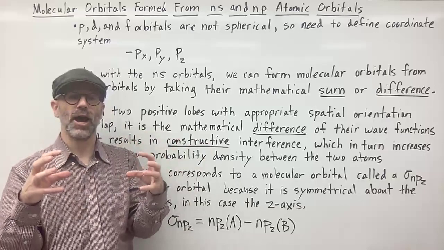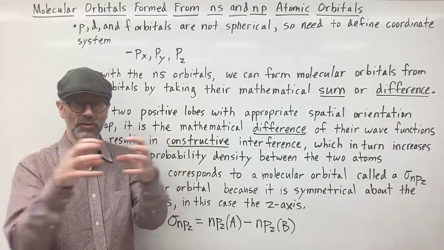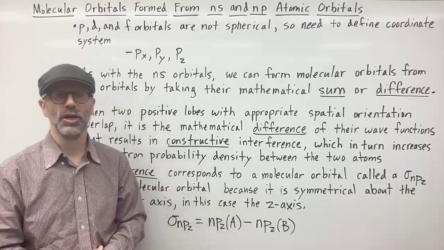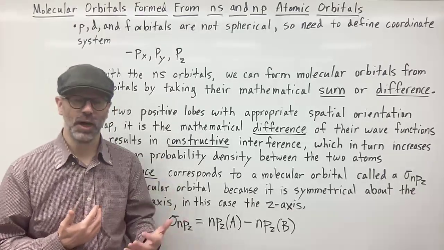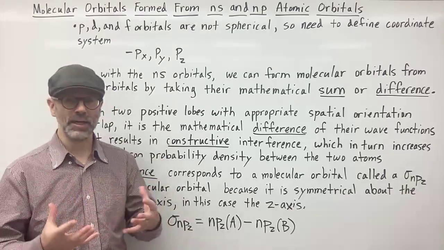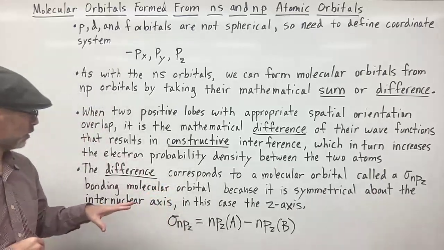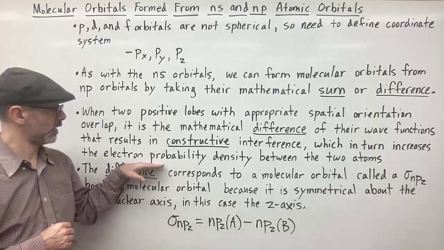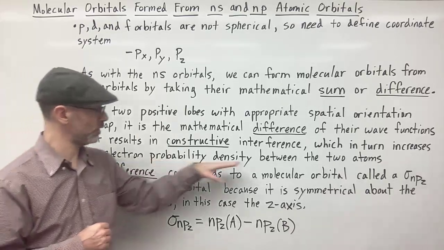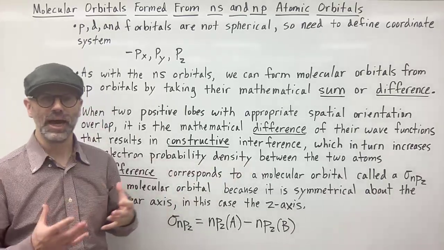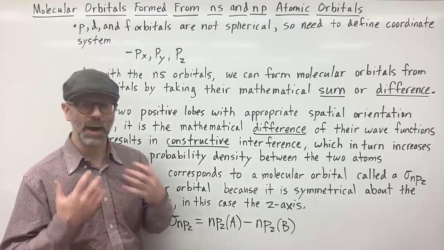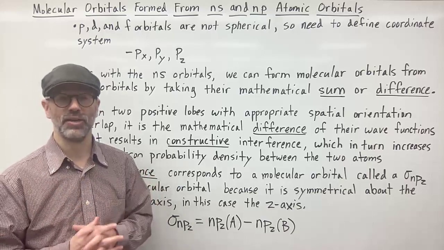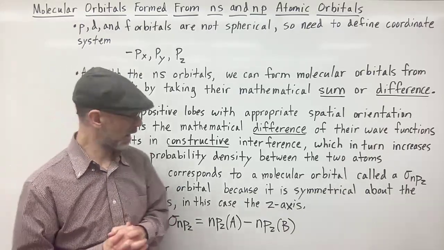So when you have electron density along the internuclear axis, that's going to be called sigma, right? If it's bonding, it's going to increase the electron probability density between the two atoms, that's going to end up being a bonding orbital, and therefore it's going to be sigma because it's along that internuclear axis.